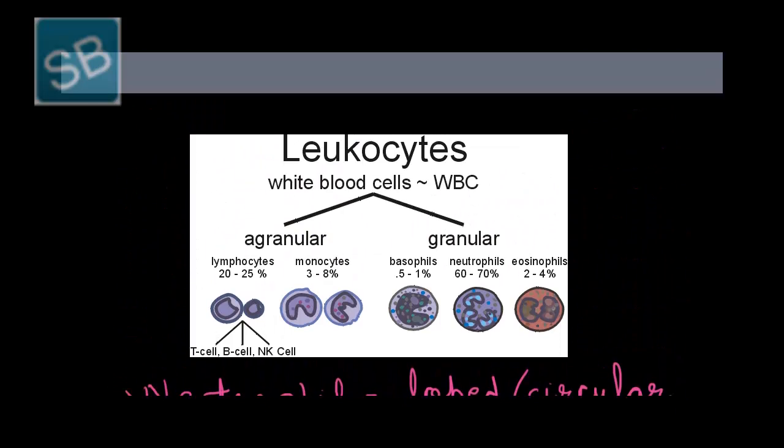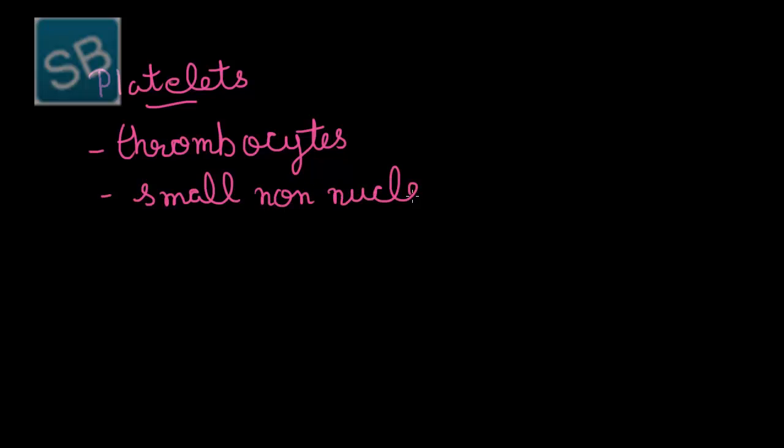Now the third component of the blood is blood platelets. They are also known as thrombocytes due to the presence of protein thrombin. They are small, non-nucleated, oval disc-shaped cells.